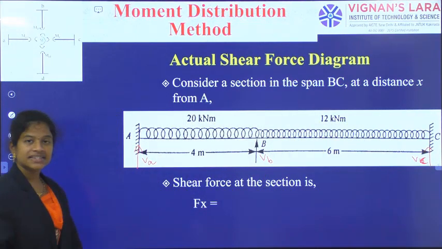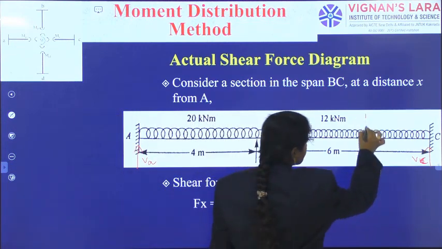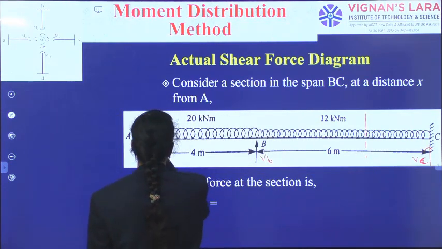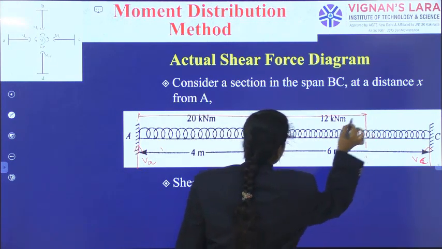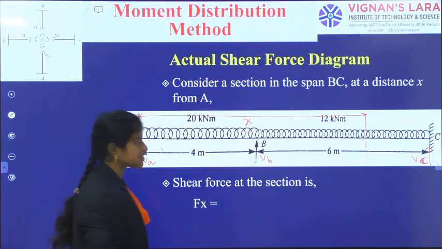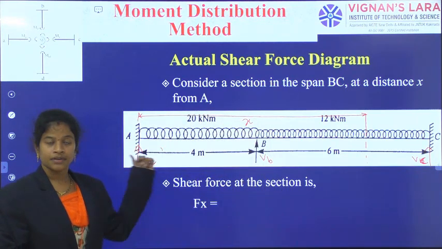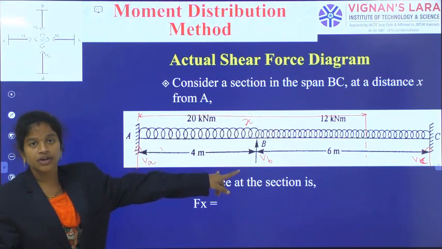now we are considering the next span, that is BC. Consider a section at a distance x from A, but the span is located in BC.